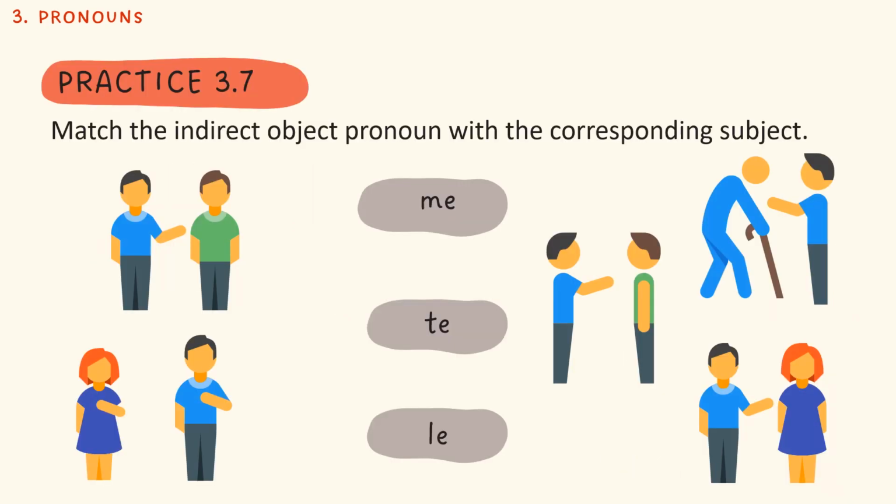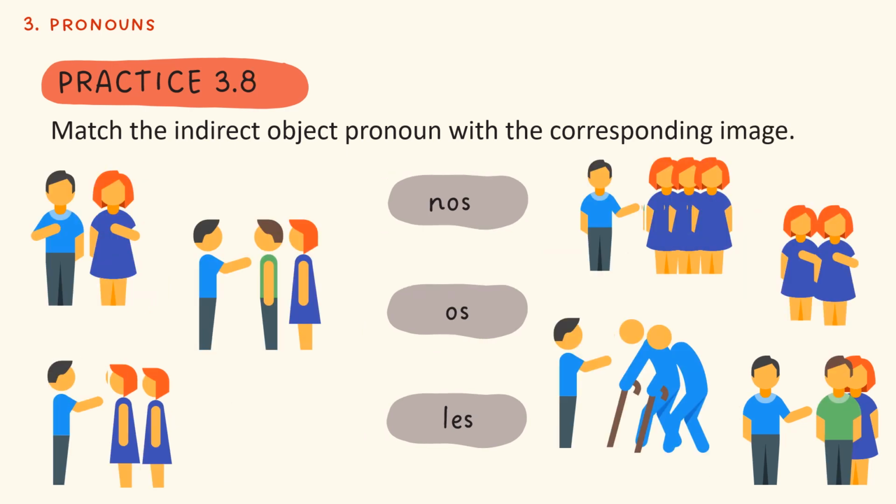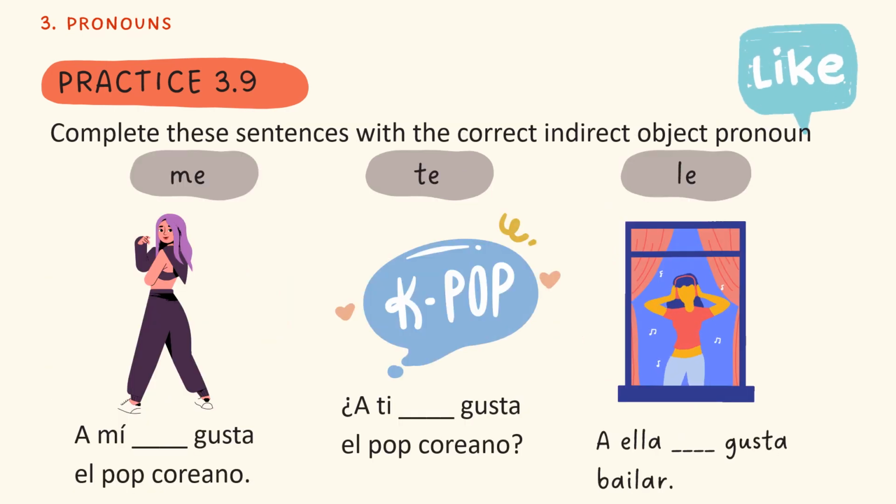Match the indirect object pronoun with the corresponding subject. Practice 3.8. Match the indirect object pronoun with the corresponding image. Practice 3.9. Complete these sentences with the correct indirect pronoun.